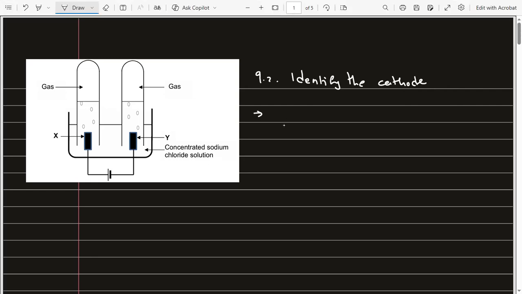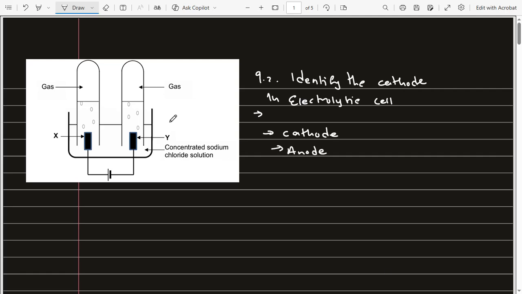First, we know that in an electrolytic cell, we have the cathode and the anode.